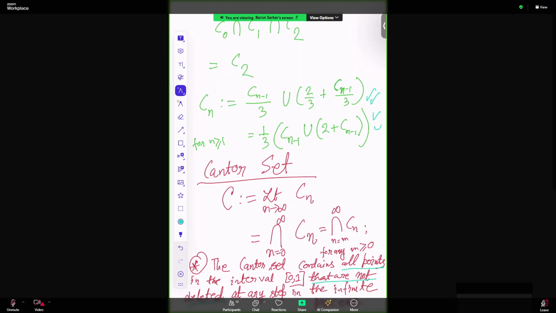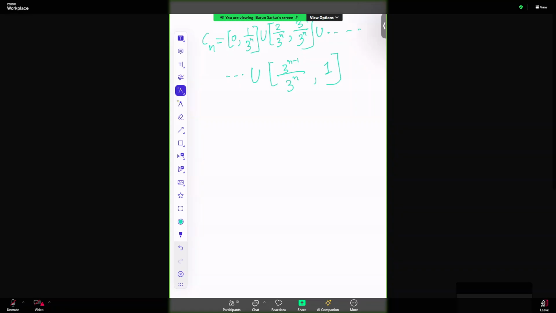So what is the total length removed? I think this formula has some problem, so probably we'll think about it.